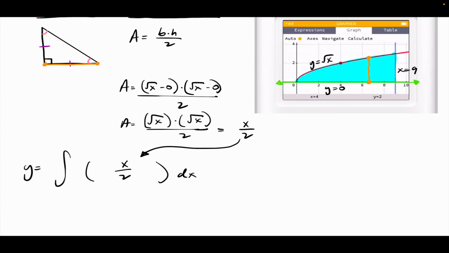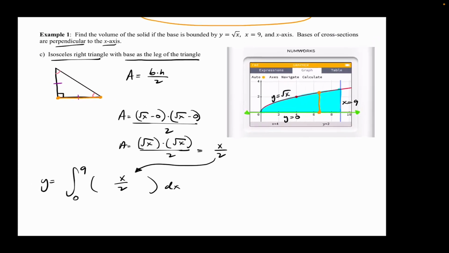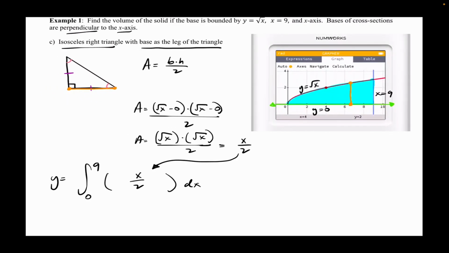The bounds are exactly the same, 0 to 9. Because the base and the height are exactly the same distance on an isosceles triangle. We know the base is going to go from orange dot to orange dot. We know that distance is the square root of x minus 0.